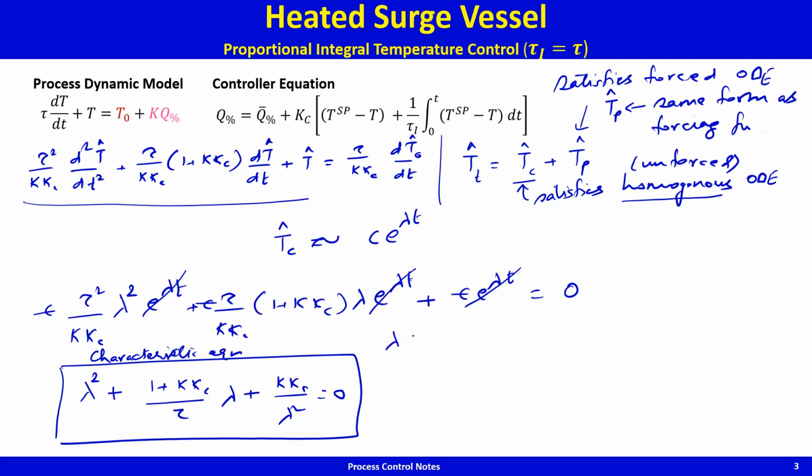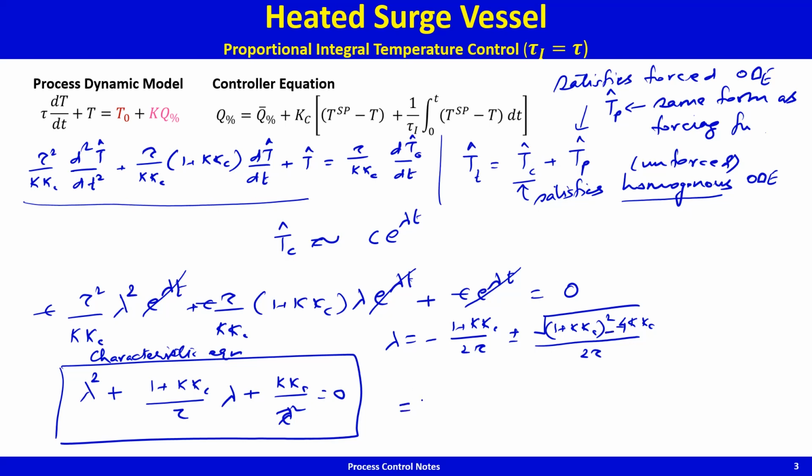So lambda will be equal to minus 1 plus kkc divided by 2 tau plus or minus the square root of 1 plus kkc whole square minus 4 kkc, divided by 2 tau. Sorry, this is tau square. There will be a 4 here.